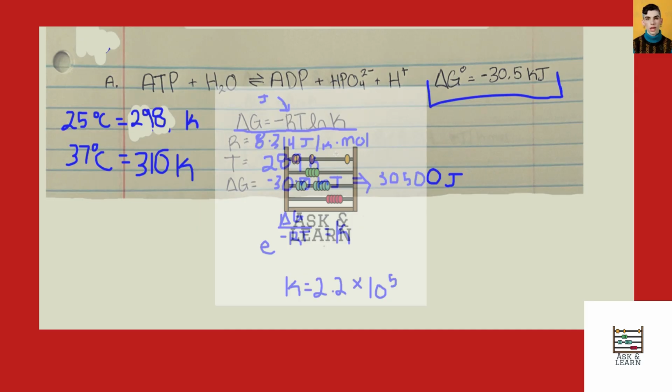So in order to answer D, you're just going to change your temperature here. Instead of being 298, you're going to put in 310 and then just recalculate. So again, you're just going to replug all the values you just did in, except this T is now going to be 310.